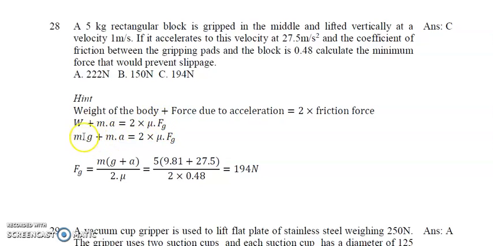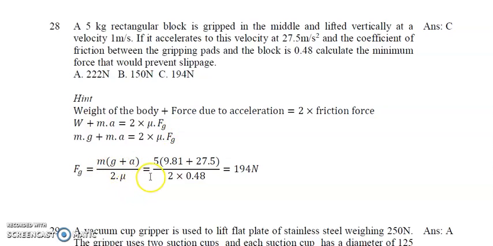So Mg plus Ma is equal to 2 mu Fg. Taking M outside, M into G plus A is equal to 2 mu Fg. So Fg is equal to M into G plus A divided by 2 mu.